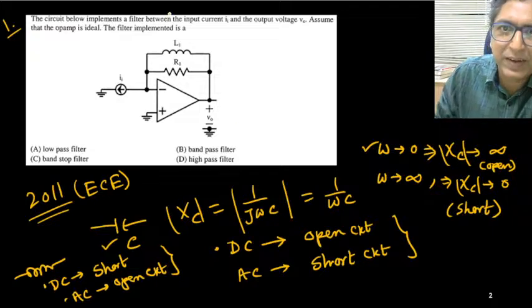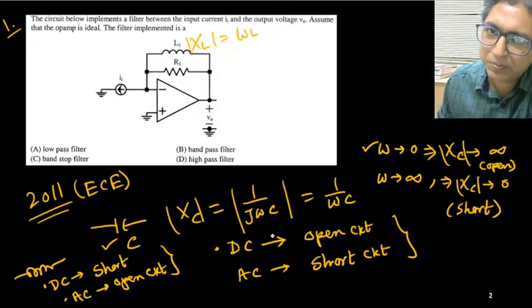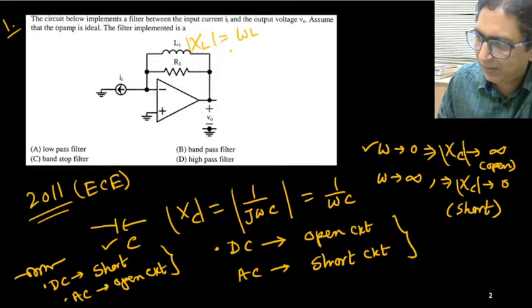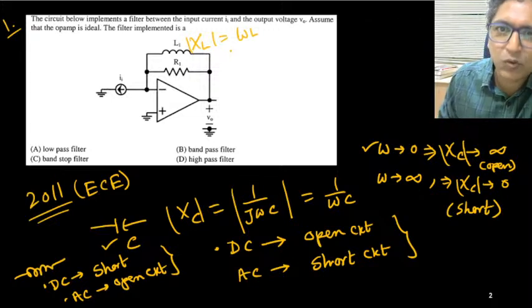So there is an inductor here. So this inductor, mod XL is nothing but simply omega into L. So when omega equal to 0, it is 0, means short circuit. For DC, it is short circuit, right? And for AC, it is open circuit.